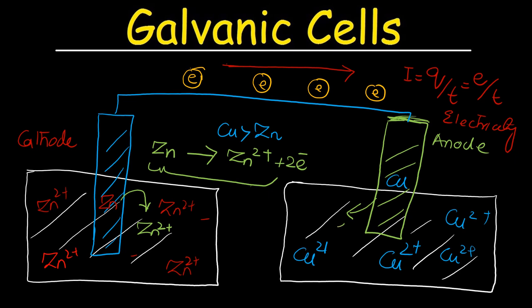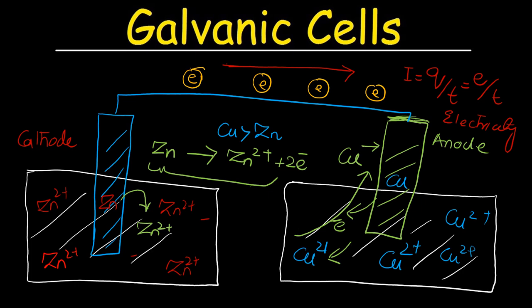So the electrons will come through the copper anode, they will connect with Cu2+ ions, and this Cu2+ will be converted into Cu, a neutral copper atom. A neutral copper atom is a stable copper atom, and it will be fixed or connected with the copper anode.